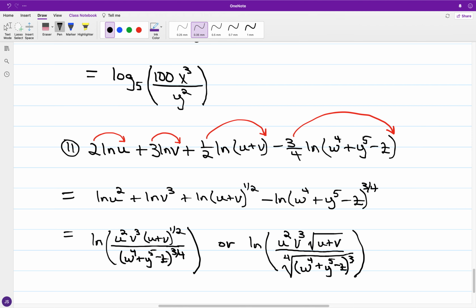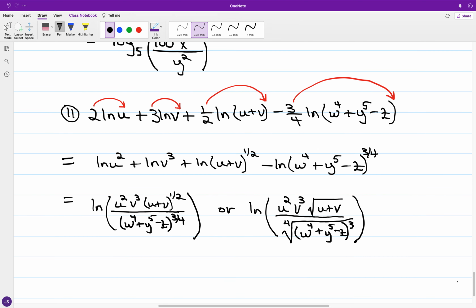Now we're going back to transitioning from exponential to logarithmic functions.